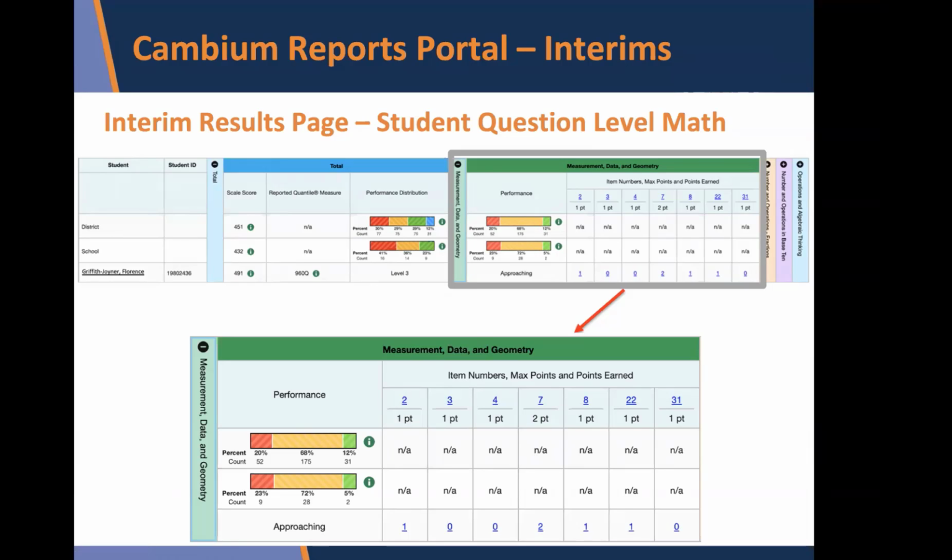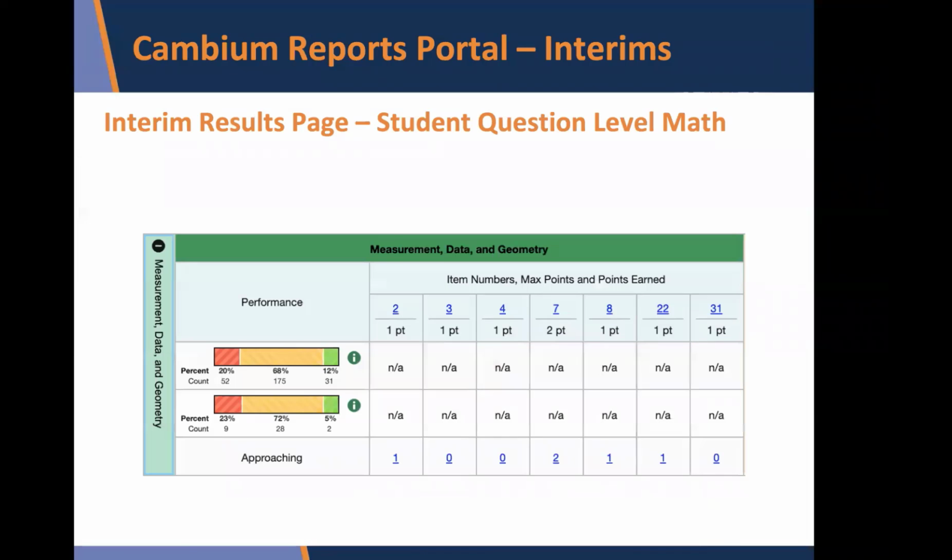As you can see, this is kind of why approaching isn't always an indicator of whether you need to worry about them or not, because there's not really a ton of questions in this area. You can also see how the student did on each particular question.